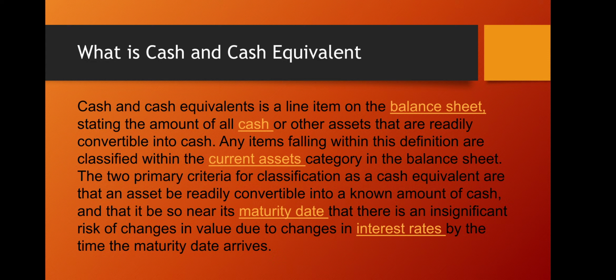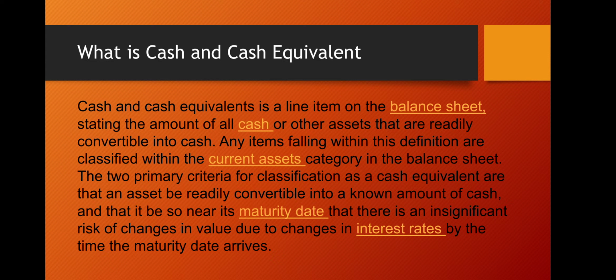The two primary criteria for classification as a cash equivalent are that an asset be readily convertible into a known amount of cash and that it be so near its maturity date that there is no significant risk of change in value or change in interest by the time the maturity date arrives.